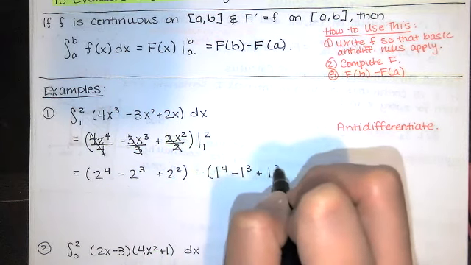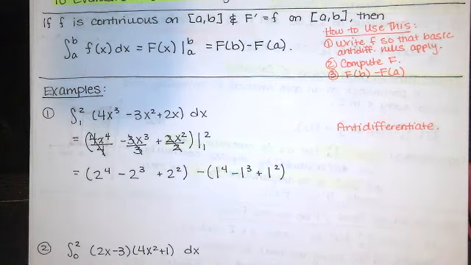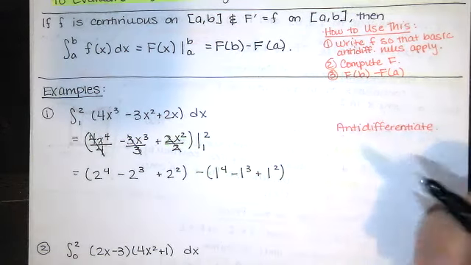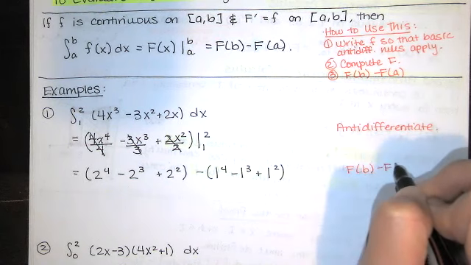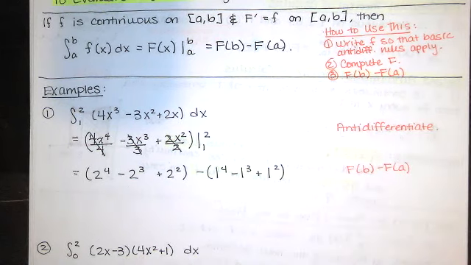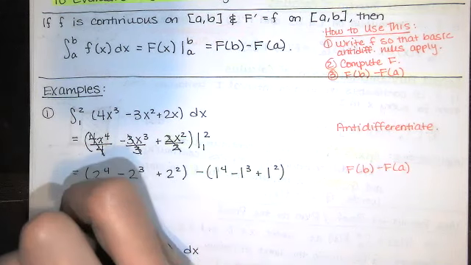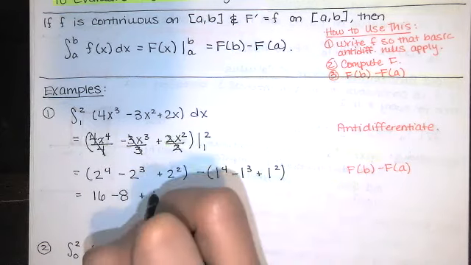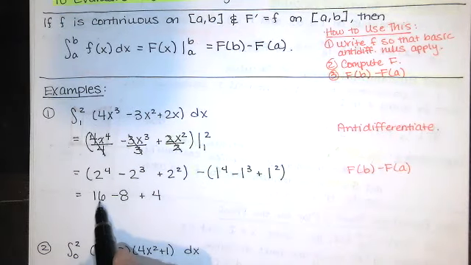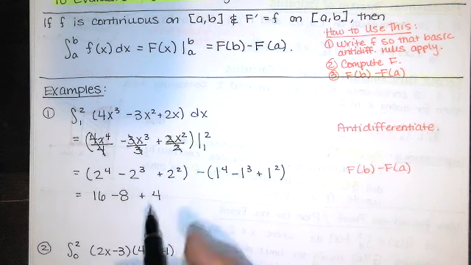I like to see this step because when I see this step, that tells me that you understand the fundamental theorem of calculus. And then you can use a calculator for the arithmetic if you want to. The arithmetic is so easy this time, I'm not going to use a calculator for it. So I've got 16 minus 8 is 8. 8 plus 4 is 12.